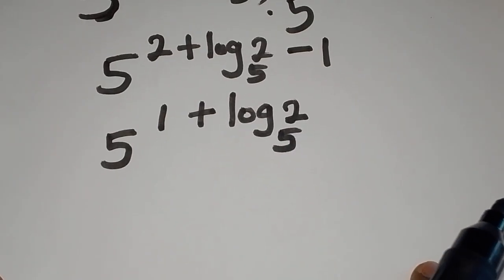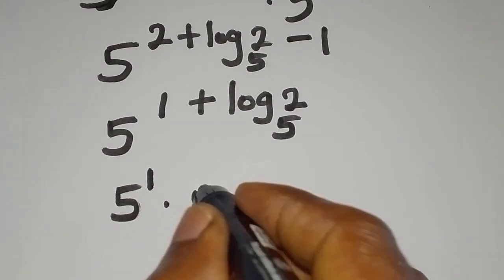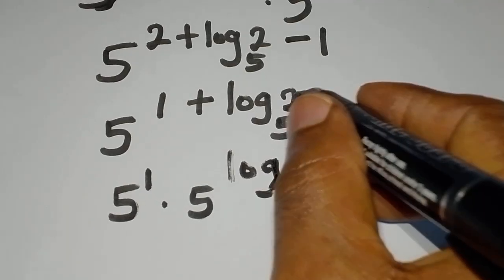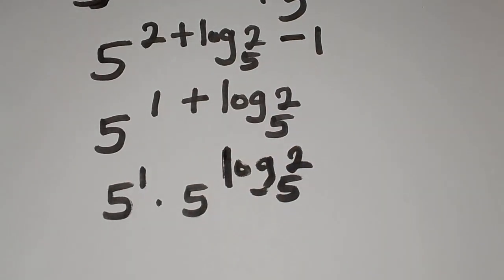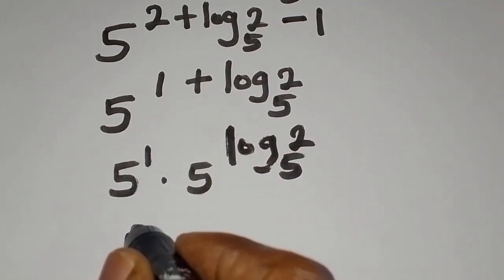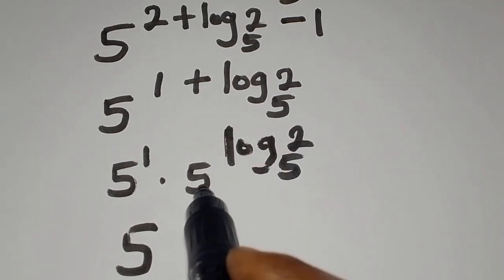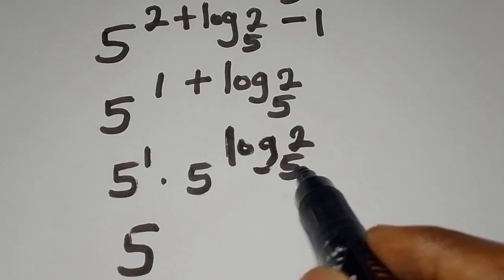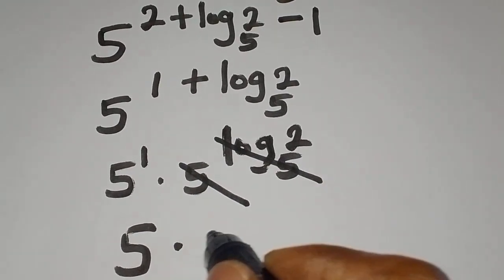Then we apply another law, so that we have 5 to the power of 1 times 5 to the power of log 2 to base 5. Now 5 to the power of 1 is 5. Then 5 to the power of log 2 to base 5. Now the base here is having 5 again as the base to the log, so this and this can go, so we'll just multiply 5 by 2.